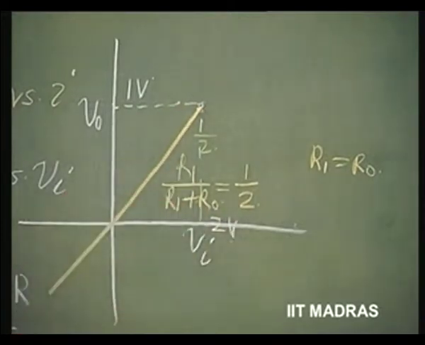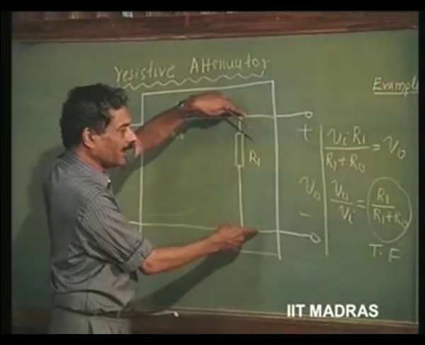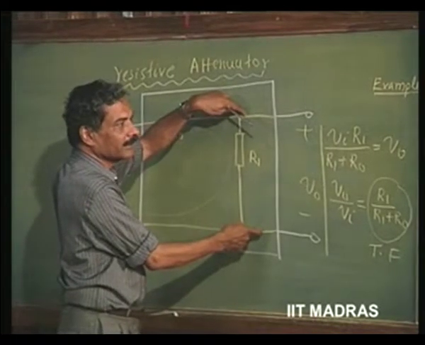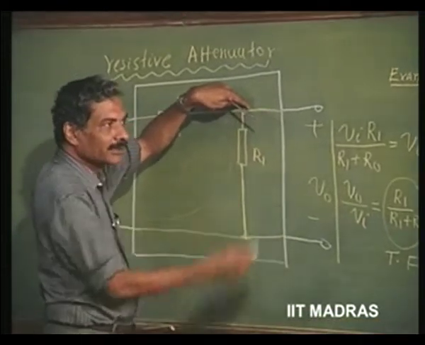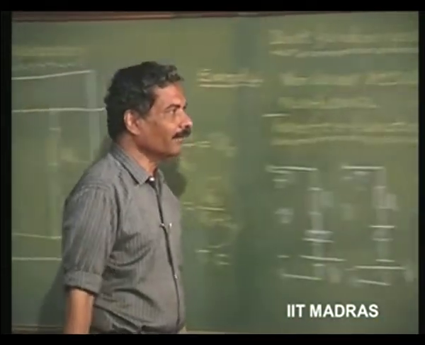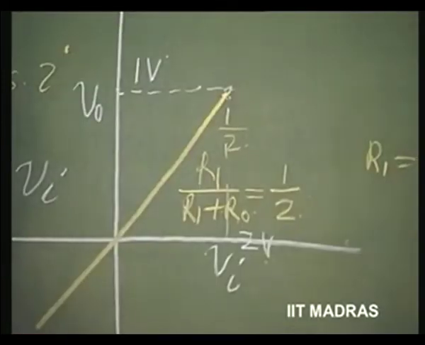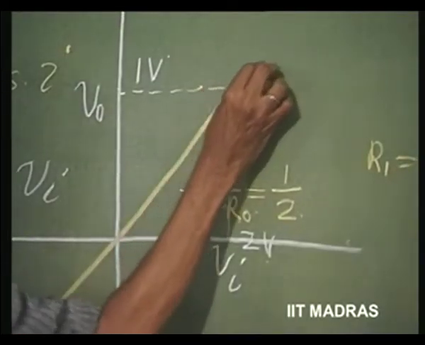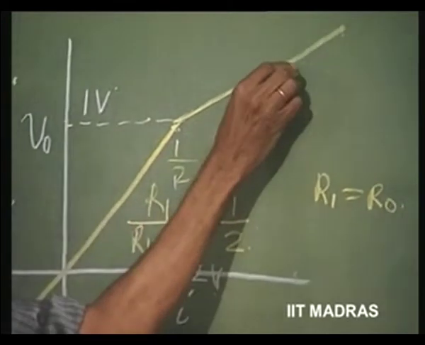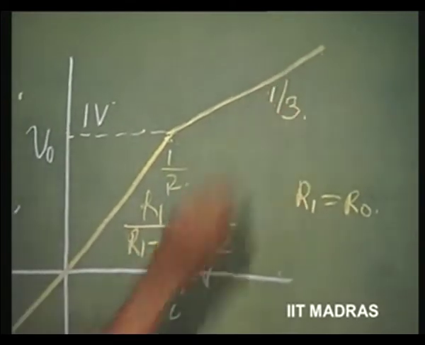I want to change the slope from half to some other, lesser value. That I can do by shunting this R1 by an appropriate resistance, so that this slope reduces. Let us say from half, we would like to bring it to 1/3.